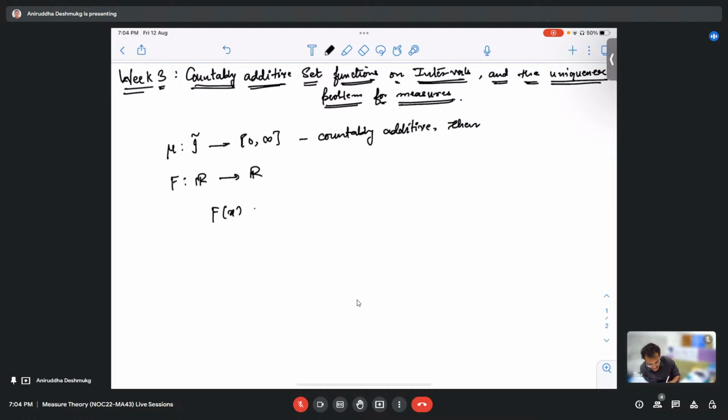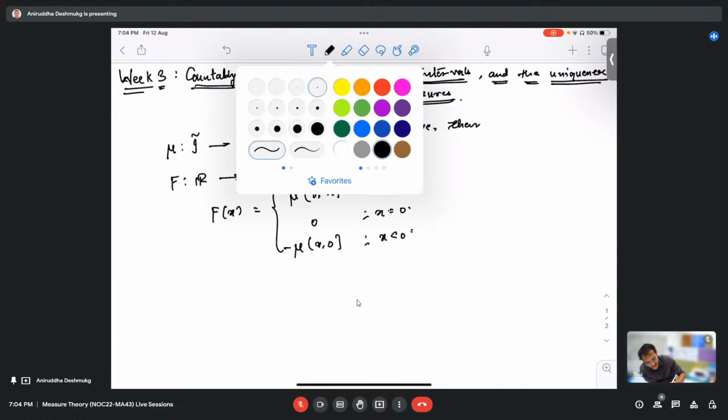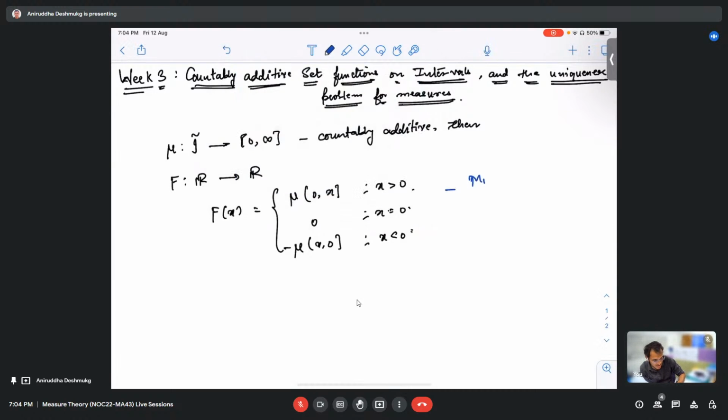F of x is mu of (0, x] when x is positive, 0 when x is 0, and minus mu of (x, 0] when x is negative. So we verified that this is a monotone increasing and right continuous function.